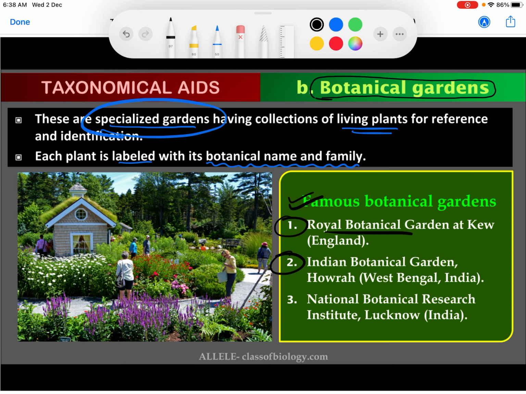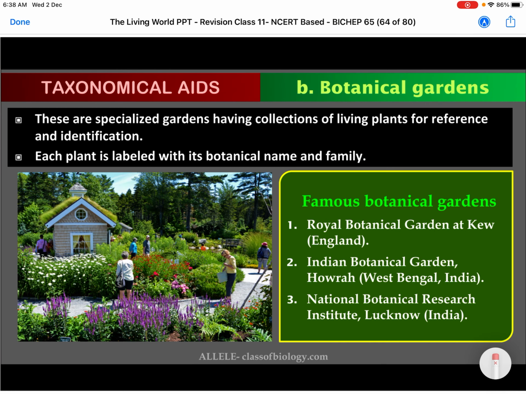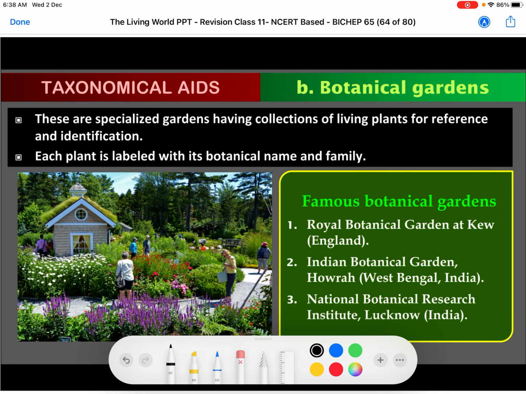Indian Botanical Garden, that is in Howrah, West Bengal, and National Botanical Garden, that is in Lucknow. So these are a few examples of botanical gardens. So in a botanical garden, you are supposed to remember that it is a collection of living plants, not specimens.